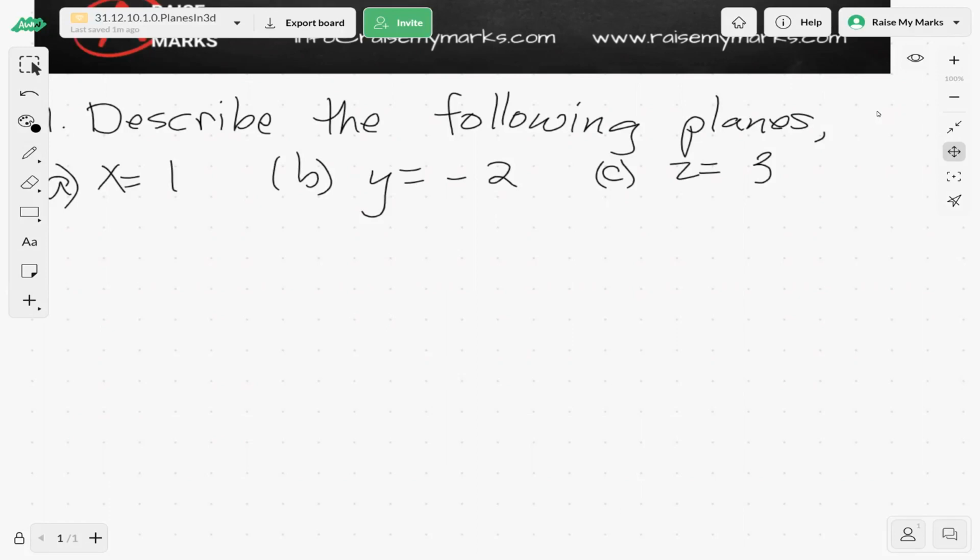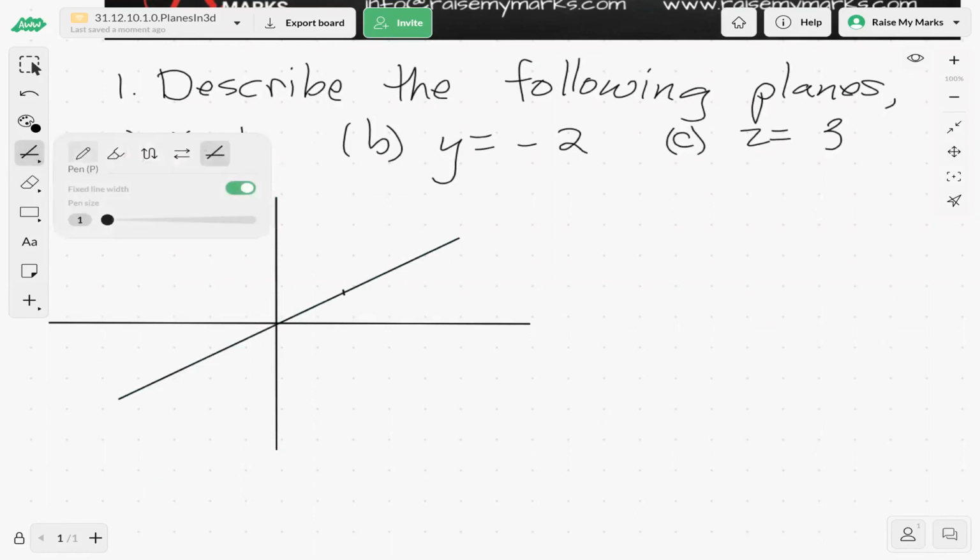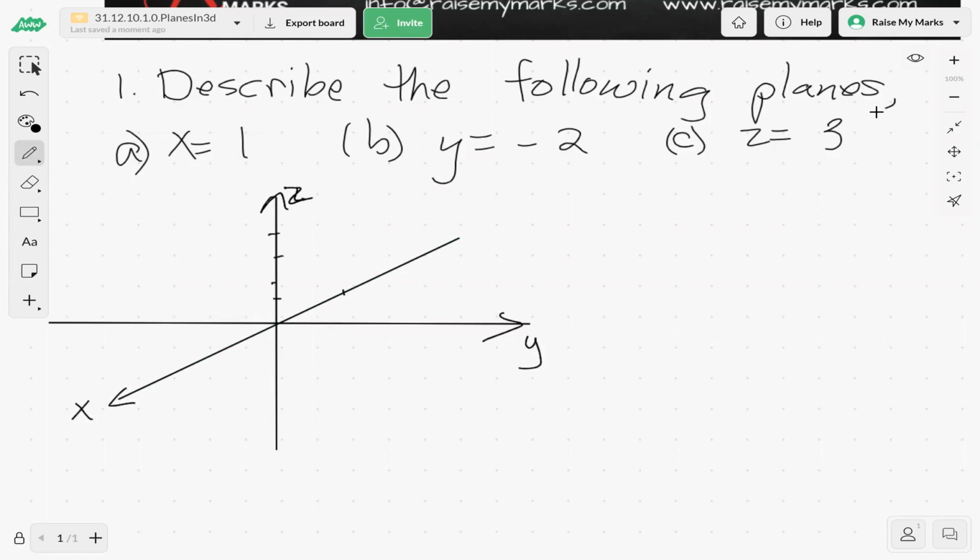Okay, so let's start by drawing some axes. This is usually the best thing to do. You actually start visualizing. So we have our axes. Let's label them Z, X, and Y. Let's put some little markers.